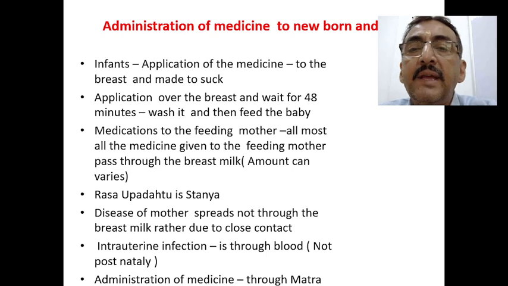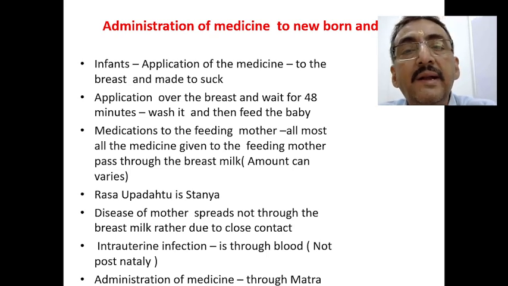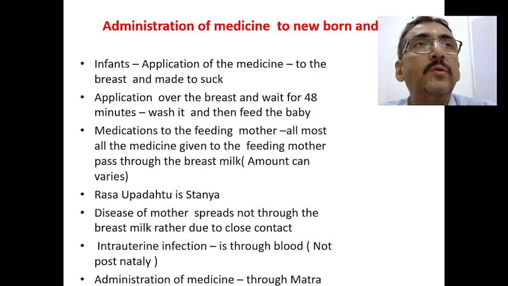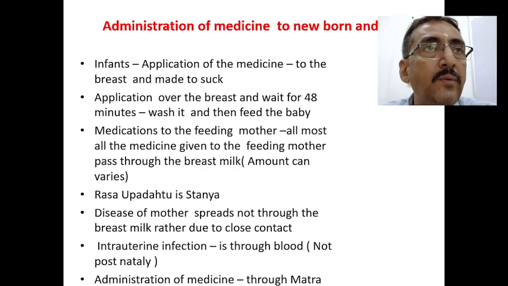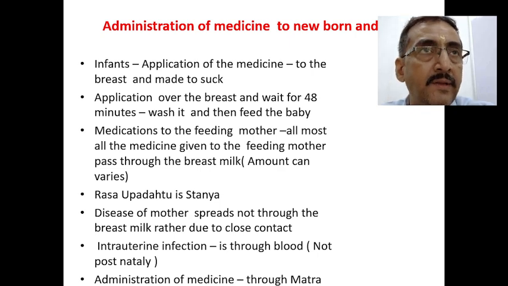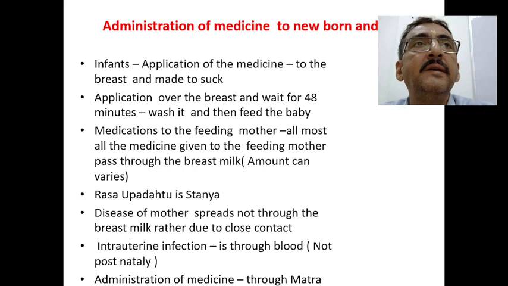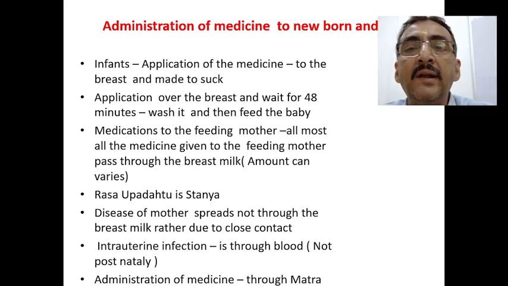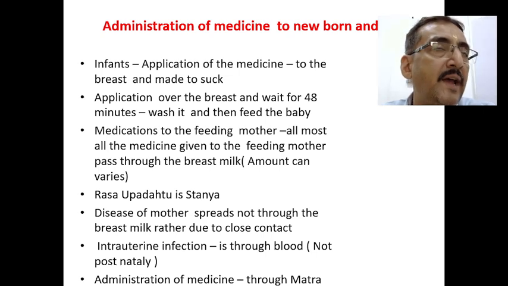For infants, one method is application of the medicine to the breast of the mother and making the baby suck. Suppose you want to give any powder or churna preparation, make a paste of this churna preparation and apply it over the breast of the mother, and then the child is allowed to suck the breast milk, and naturally the medicine will enter inside. This is one of the easiest ways, and this is also mentioned by Kashyapa.